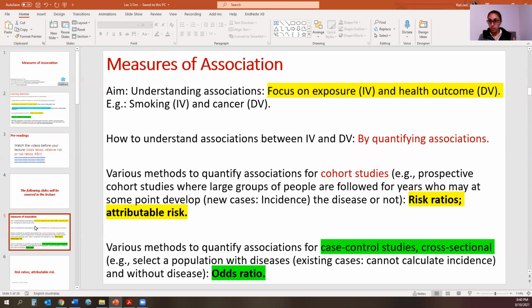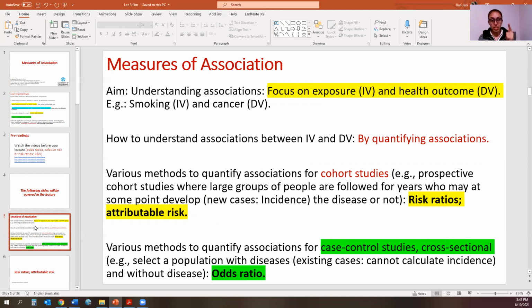That is true incidence. Whenever you have the ability to calculate true incidence, then when you try to link your IV and DV, this association is termed a risk ratio. So remember, risk ratios or attributable risk are calculated when you have prospective cohort studies.